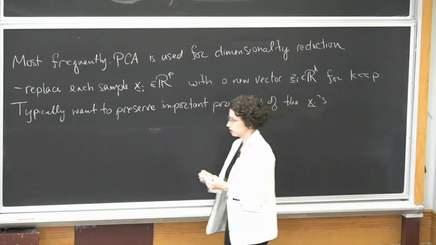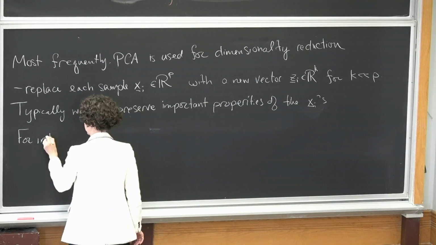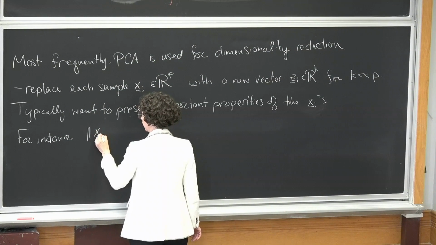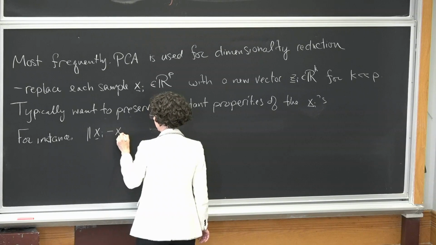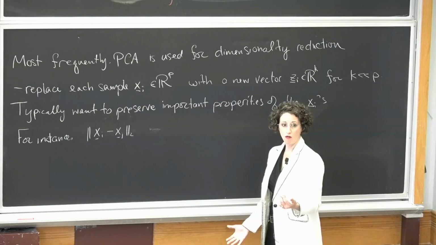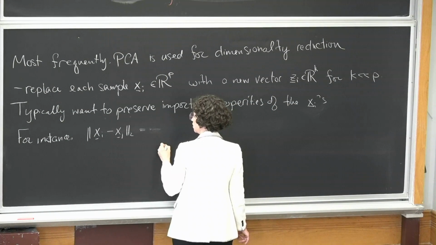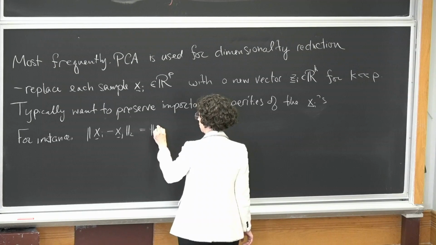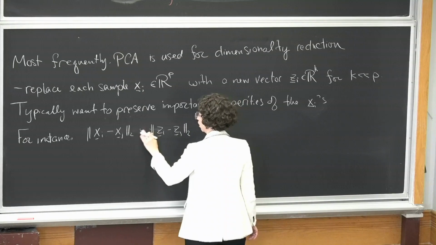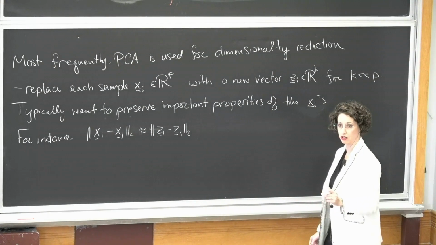So, for instance, I might want to say, well, if I were to look at any pair of samples, let's say xi and xj, and look at how far apart they are from one another, perhaps what I want is that after I reduce the dimension, the corresponding points zi and zj are the same or approximately the same distance apart.